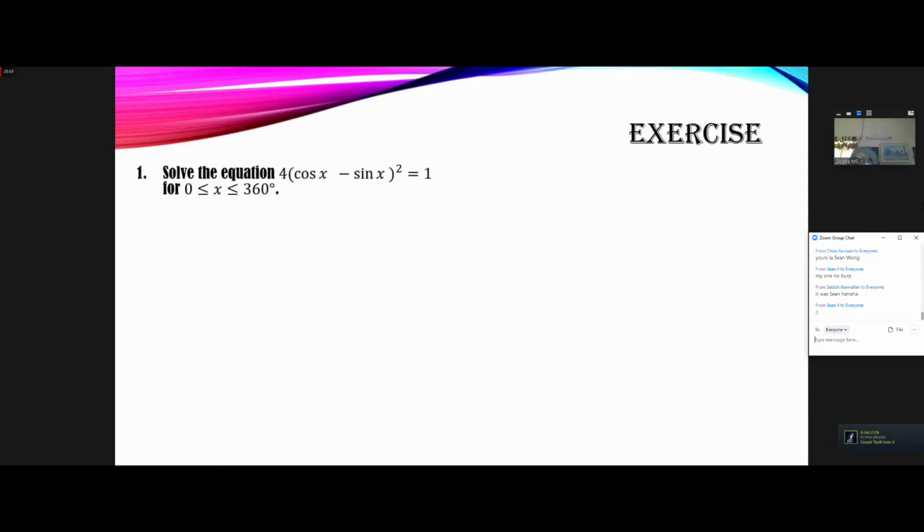Anyone yang nak share your answer through WhatsApp also can. Is there anyone with answers?